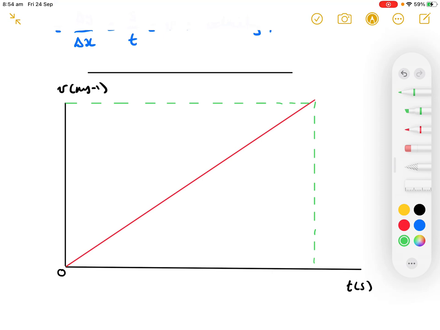So mathematically, you could think of this as your change in y, and down here we have our change in x to that point. But of course the change in the y coordinate is actually the final velocity minus the initial velocity, which is v minus u. And the change in the x coordinate is essentially the time take away 0. In other words, it's just the time taken for the change to occur.